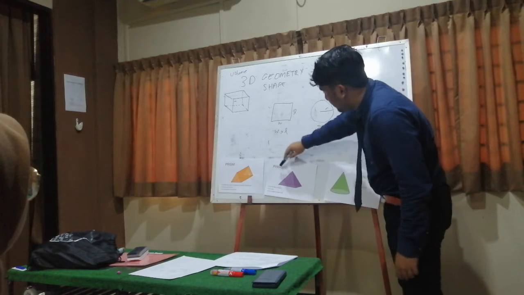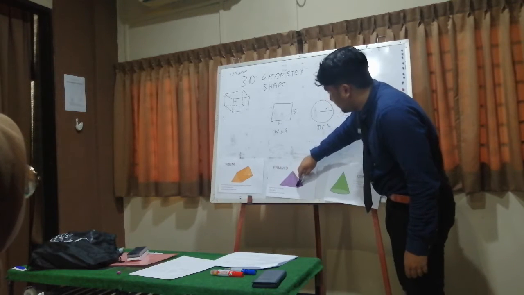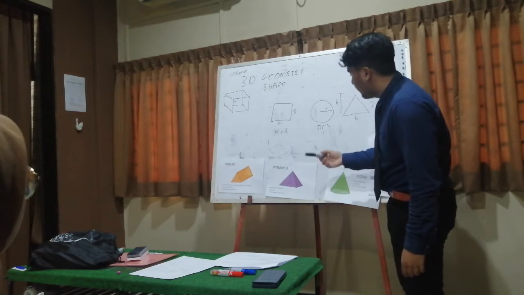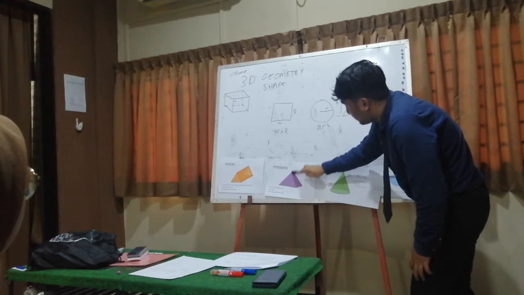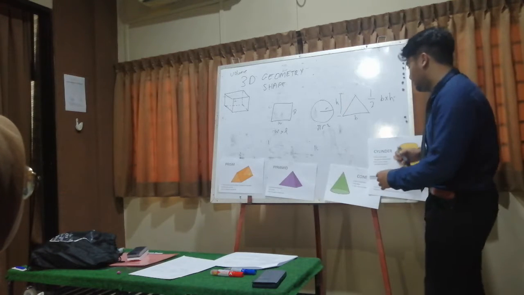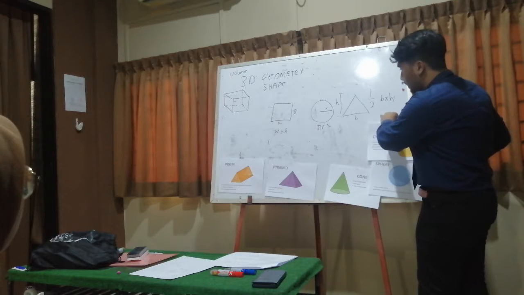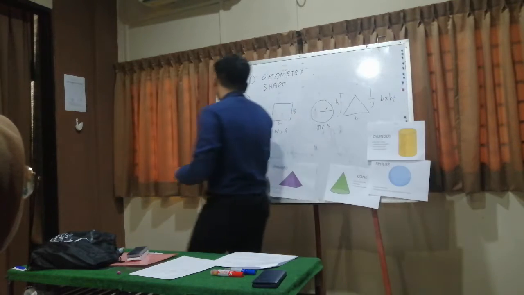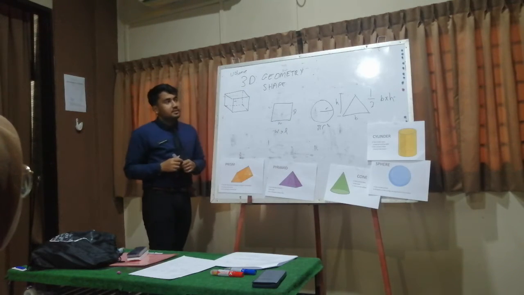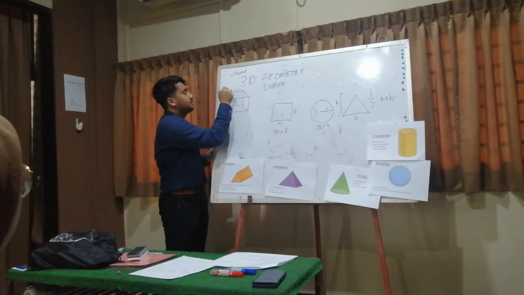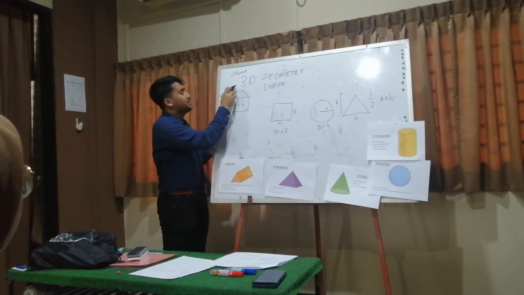For example, in pyramid, we have a square in the base. So we can just calculate the other dimension. It also goes the same with this shape, which is a cube.